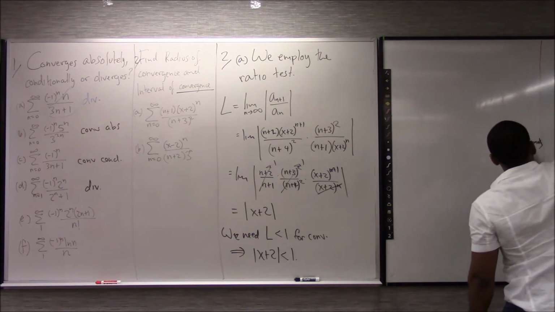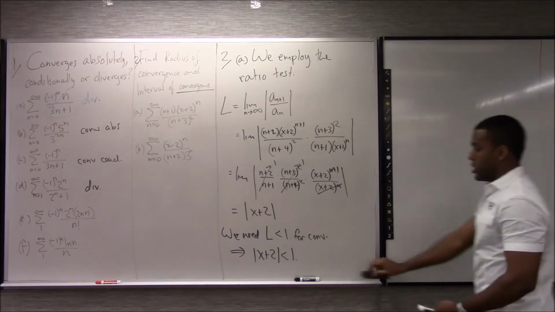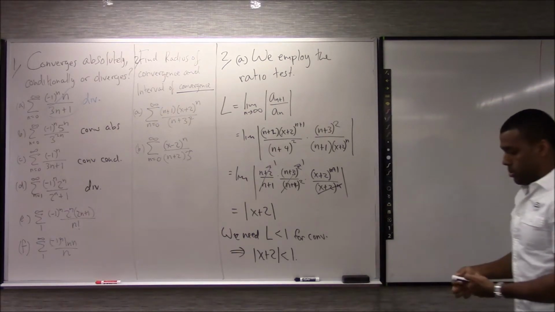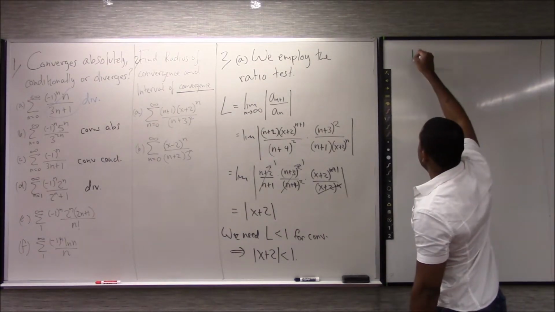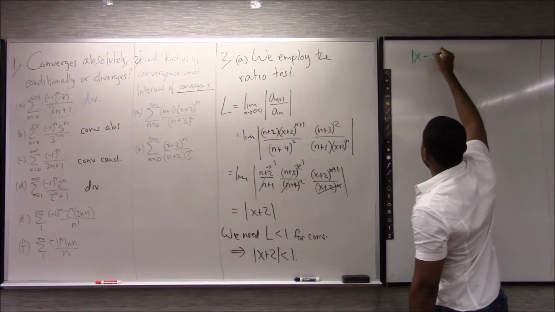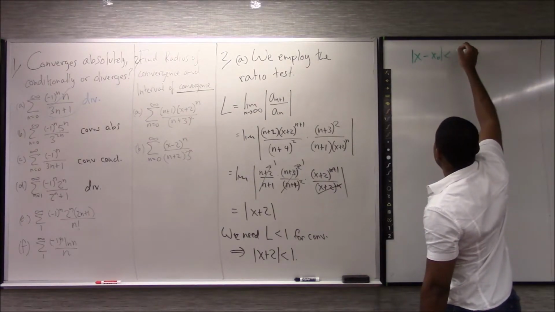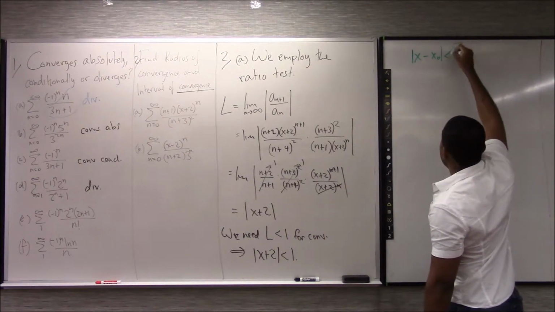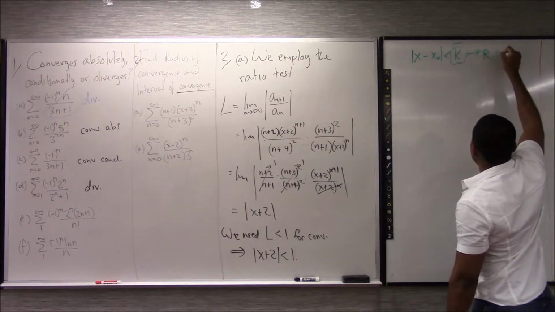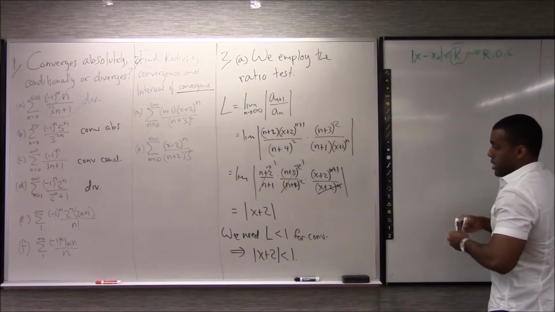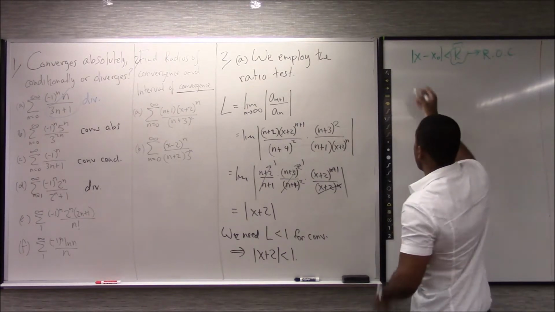So now that immediately tells you the radius of convergence. Right? Because remember that if we have |x minus x naught| less than r, that number r is your radius of convergence. So immediately here I can say the radius of convergence is 1.